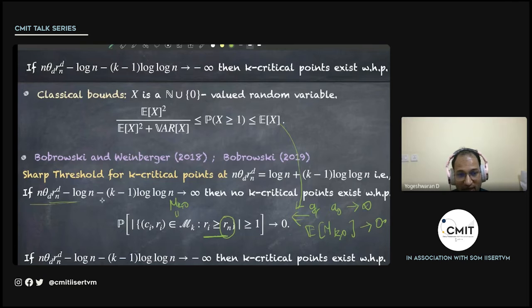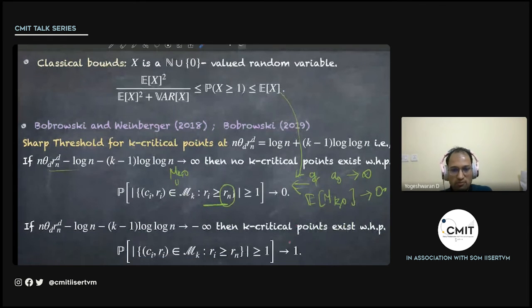When Rn is satisfying this condition, Rn is going to 0, but slowly, not too fast, because n theta d Rn^d minus log n minus (k minus 1) log log n is going off to infinity. It is going slowly to 0. Then you get that this goes to 0. There are no critical points.